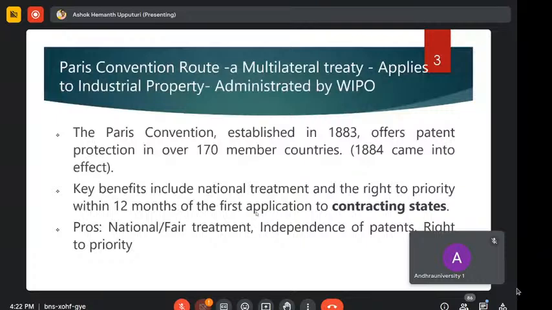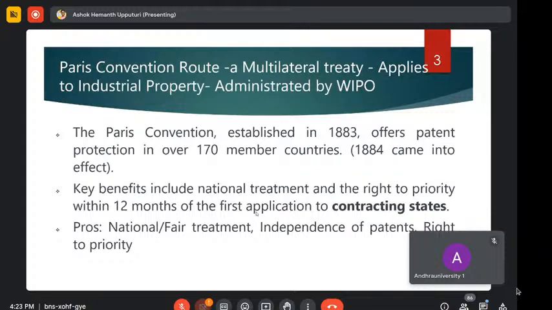So everybody was not disclosing their patents, thinking they might be copied, and there was no protection for their inventions. There was no concept of patent at that time. That's how the Paris Convention started, and that's how these principles came into the picture.